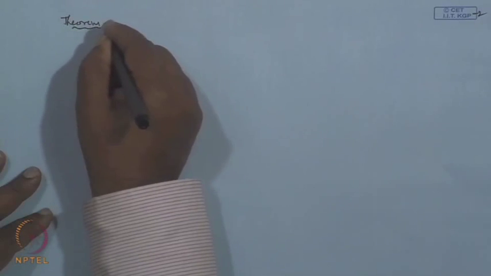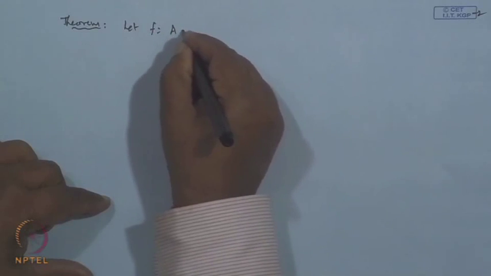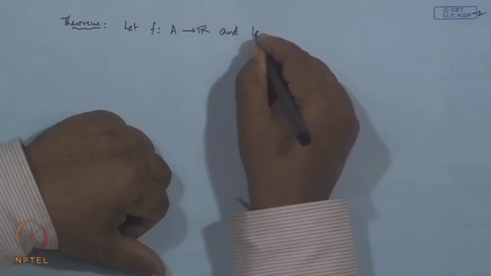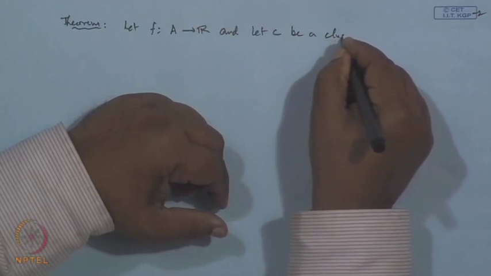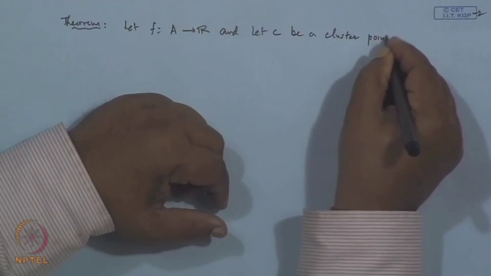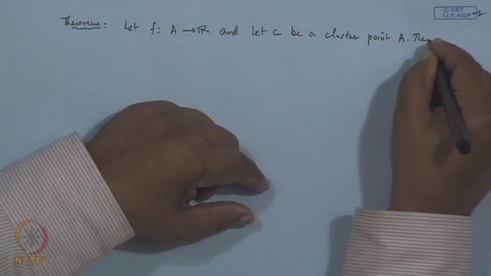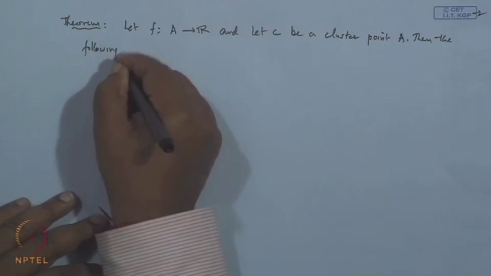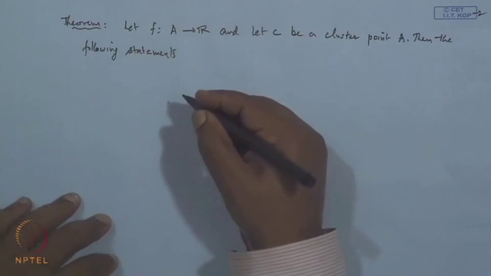The theorem is: let f be a mapping from A to R, and let c be a cluster point of A. Then the following statements are equivalent.